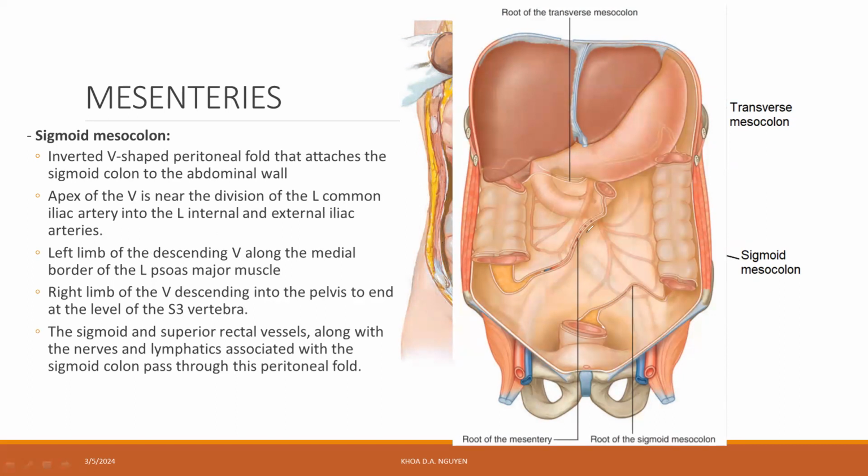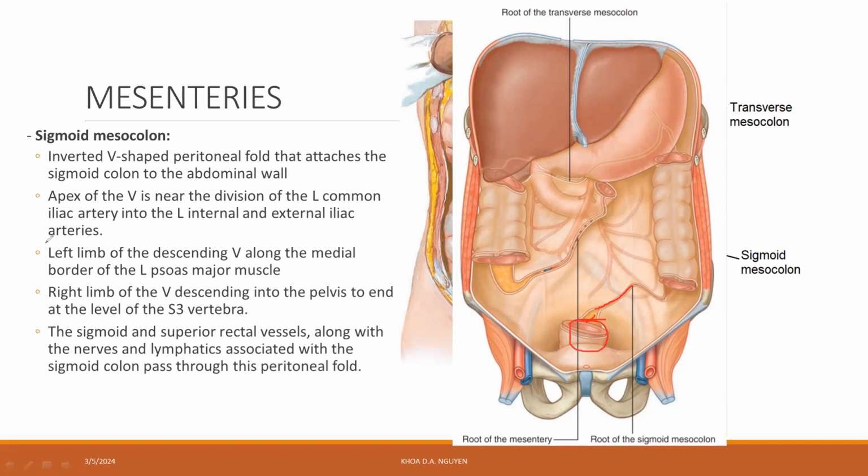So the left psoas muscle is going to extend like that. It's going to go down like that, right? Iliopsoas is right here. So it's going to extend over here, over the left psoas muscle. Okay, and now the right limb, which is this limb right here, okay, of the V is going to descend into the pelvis to end at the level of the S3 vertebra, okay, around here somewhere, okay?